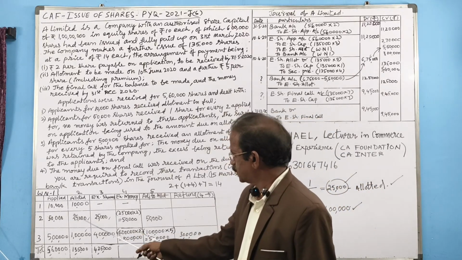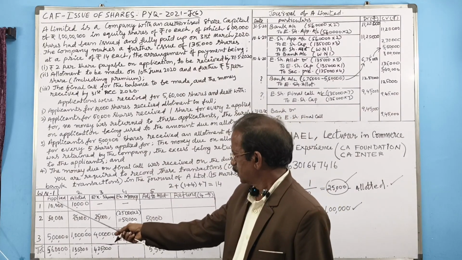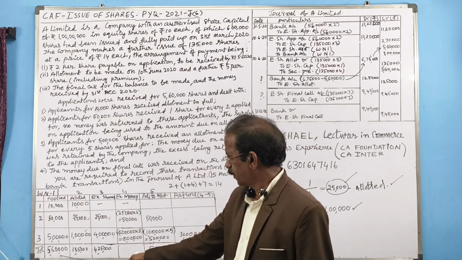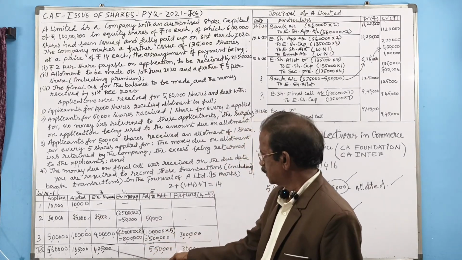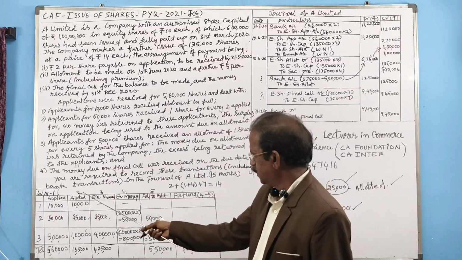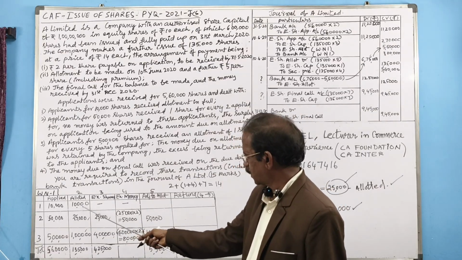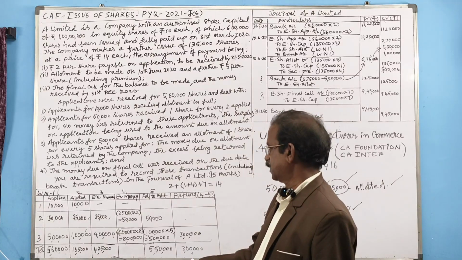After filling these 3 columns, you should take the totals of these. This total came to be 5,60,000, this total 1,35,000, this total 4,25,000. These are applied, these were allotted, these were excess shares.